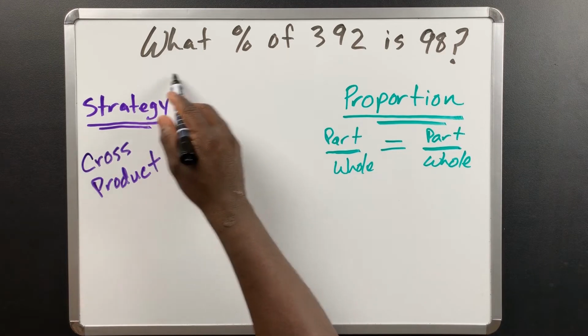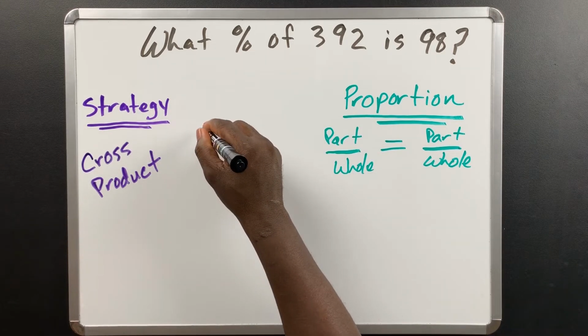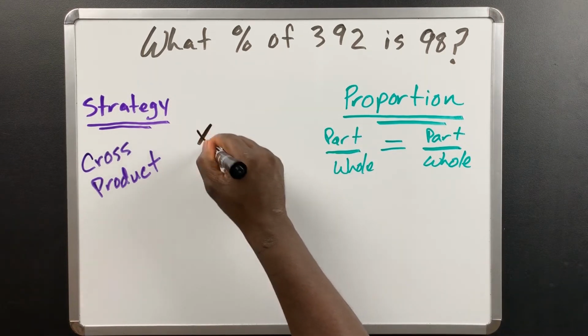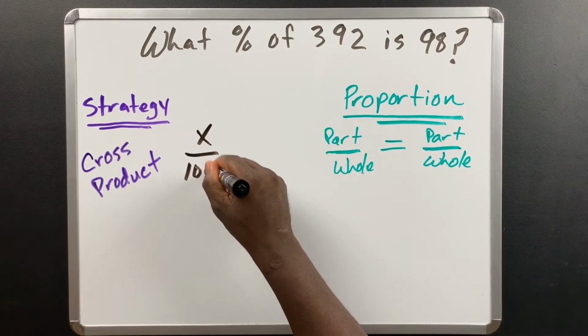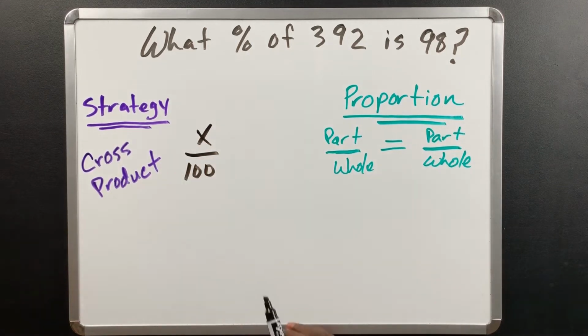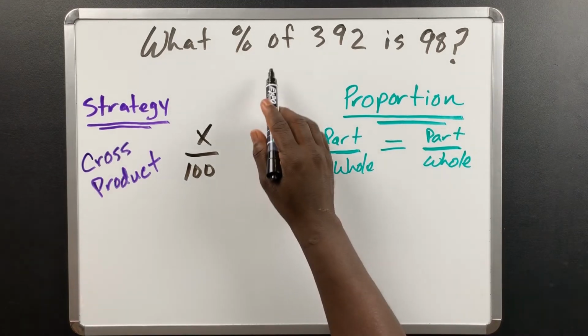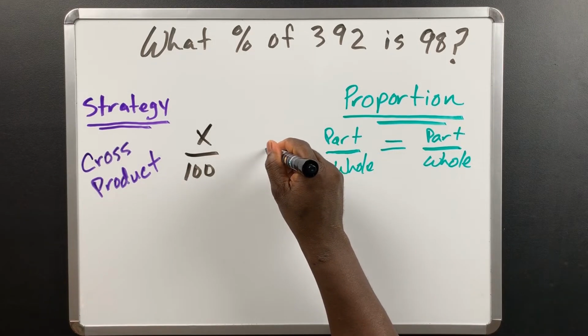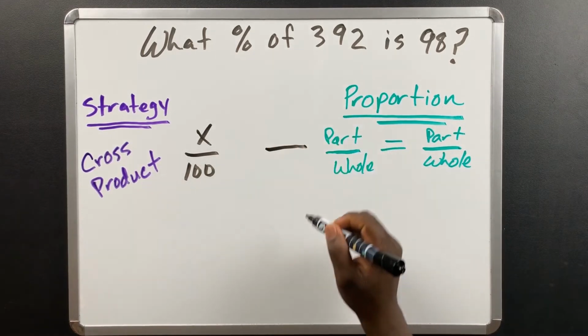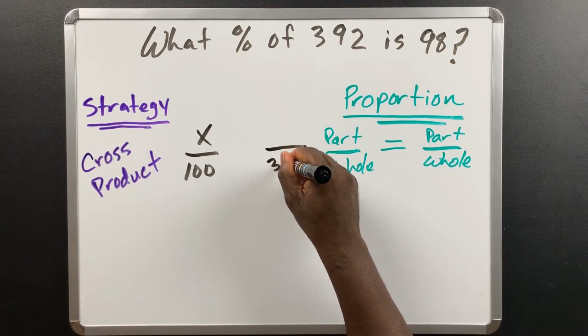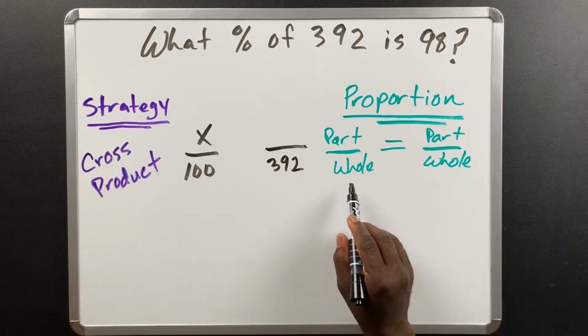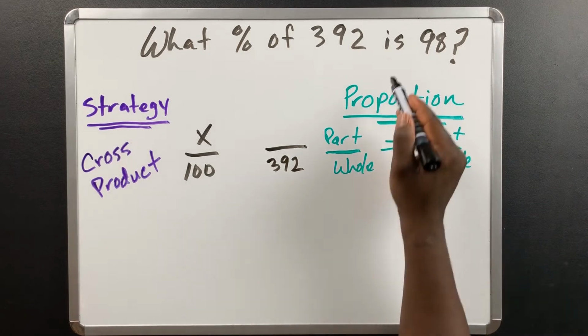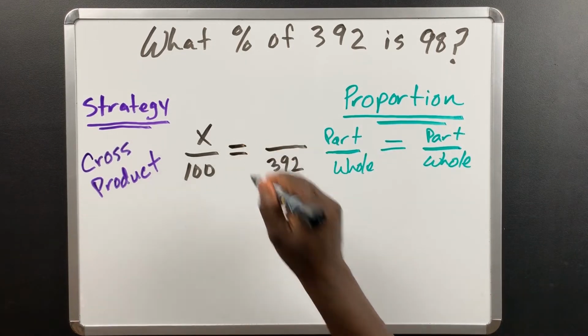So we start with this, what percent? We're going to represent what percent as x over 100. Now it says of 392. So if it's of 392, that means 392 is the whole, okay? Is always means equal.